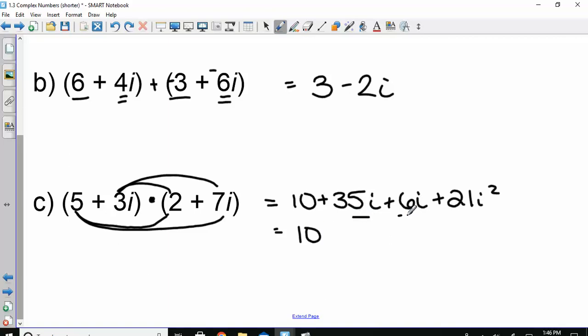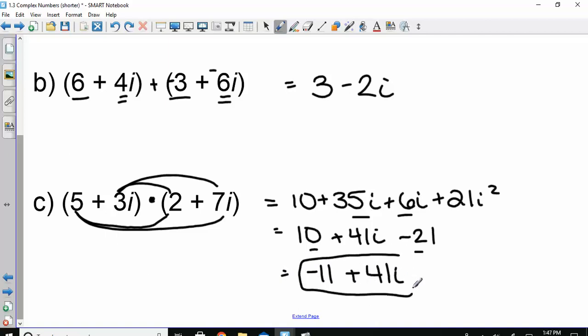Okay, 35i plus 6i gives me 41i. What is 21i squared? Then positive 10 and -21 gives us -11 plus 41i. Do we need more examples of that?